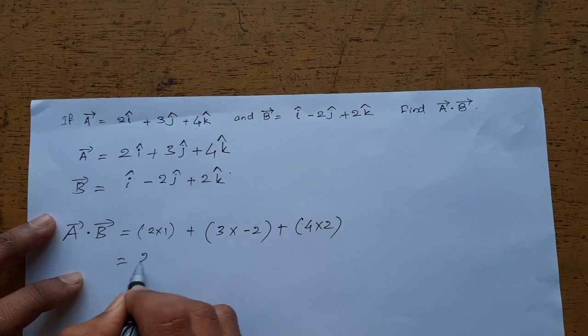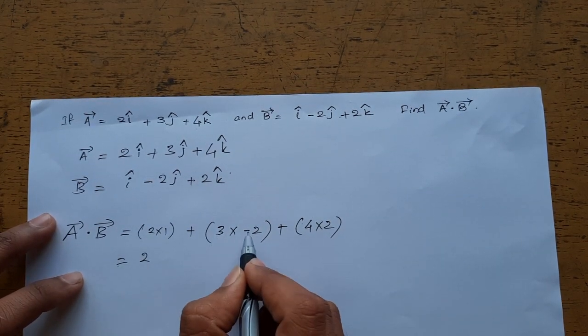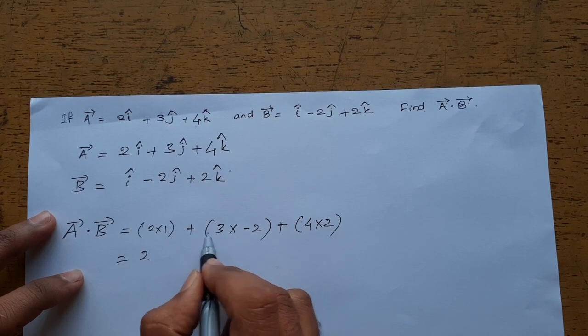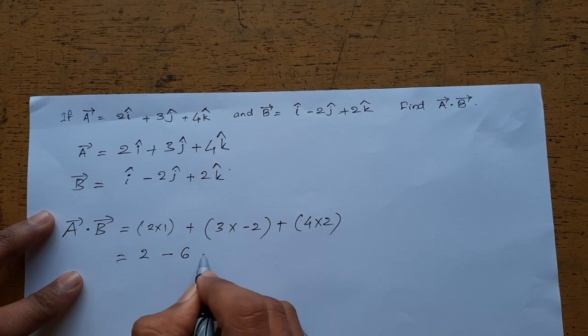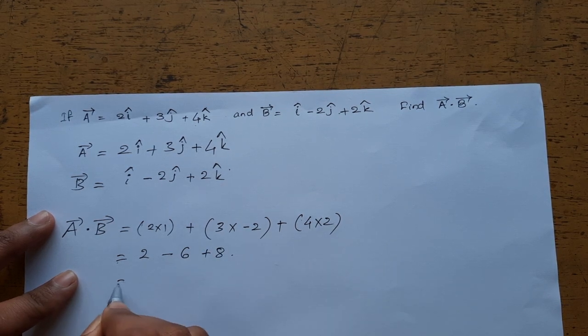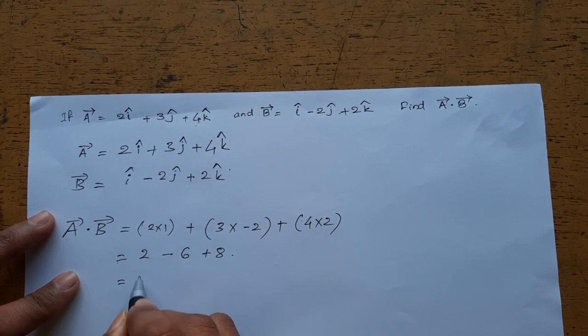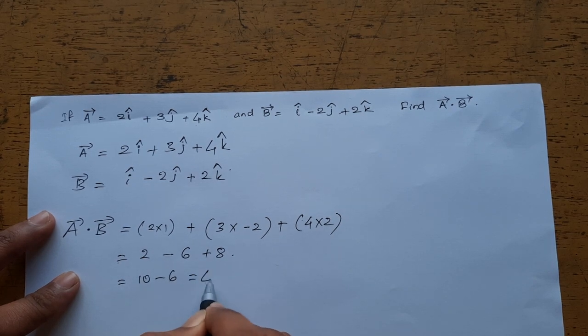Therefore, it will be 2 minus 6 plus 8. If you do this, 8 plus 2 is 10, 10 minus 6 is 4.